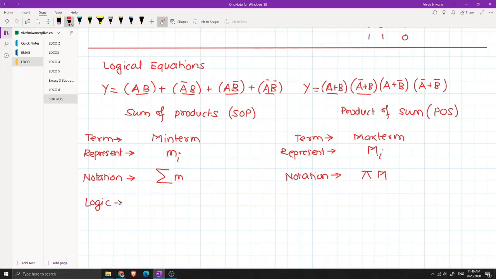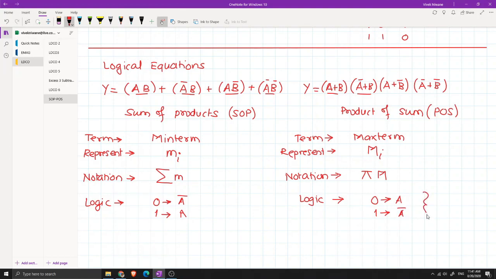Here do remember that we need a little bit of understanding. In case of SOP representation, 0 is represented as A bar and 1 is represented as A, whereas in case of POS form, 0 is represented as A and 1 is represented as A bar.